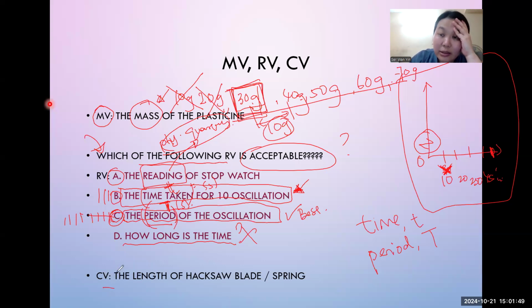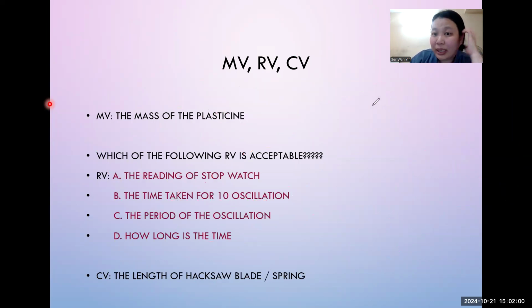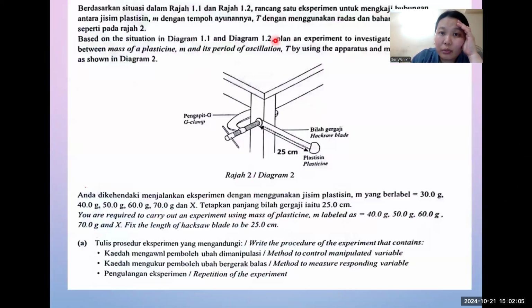Okay, CV, constant variable or FV. Sometimes they'll say fixed variable, the length of hacksaw blade or spring. Why I got spring? Actually, the best way to do this experiment is we make the hacksaw blade swing left, right, let it swing without the gravity. The best way, of course, is horizontal.